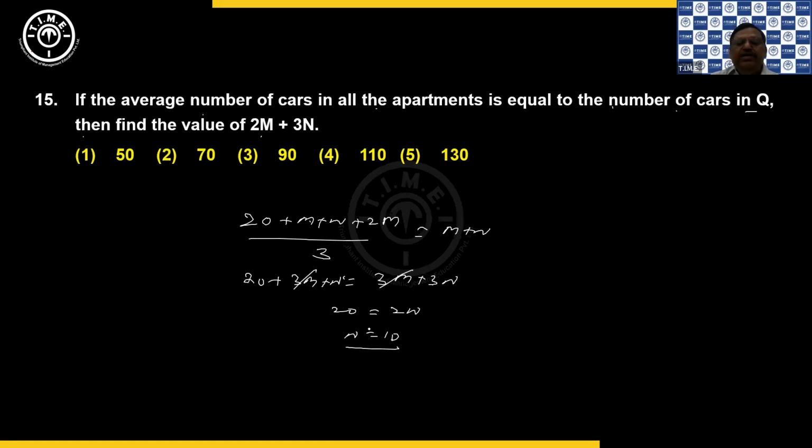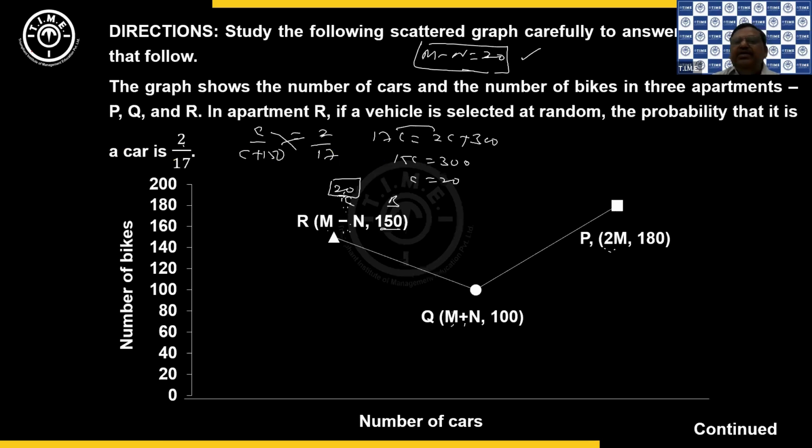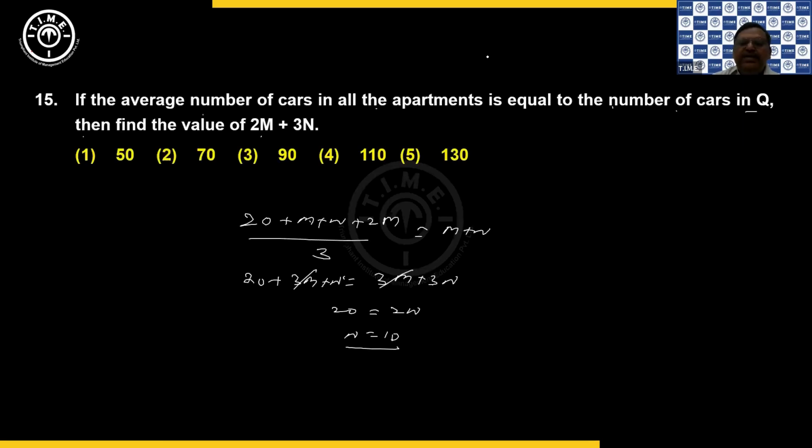Since M minus N is 20 and N is 10, M is going to be 30. M is 30, N is 10.